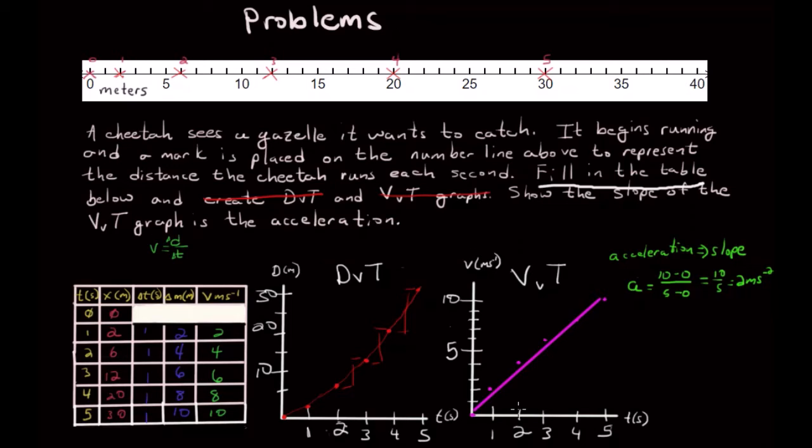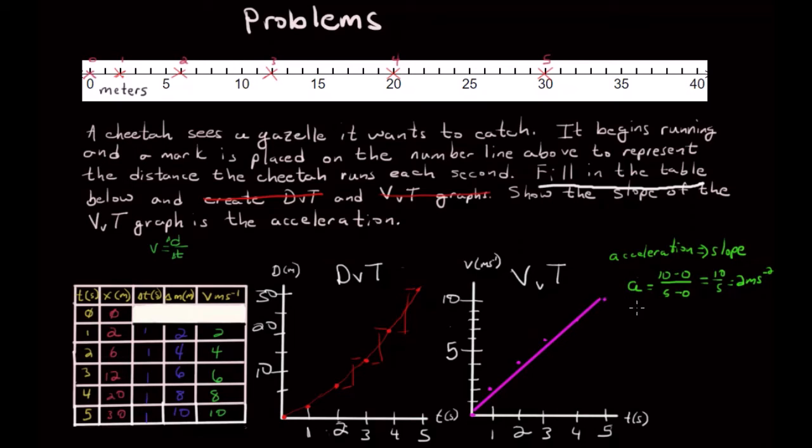In the second, let's look at it down here on the graph. In the second one, we are going 2 meters per second faster. So 2 plus 2 is 4. And then 2 meters per second faster, 4 plus 2 is 6. 6 plus 2 is 8. 8 plus 2 is 10.